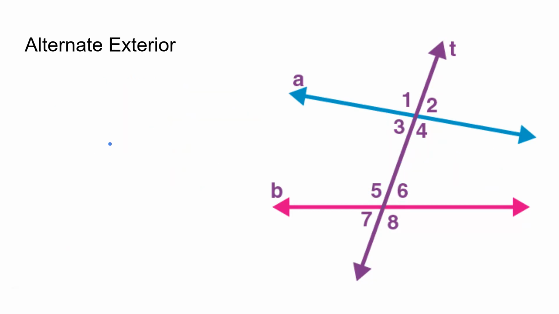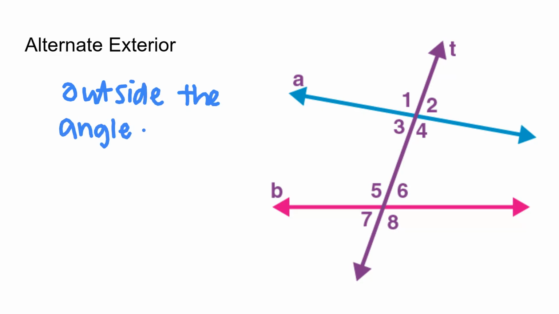Similar to alternate interior angles is alternate exterior angles. They are outside the line pair, on opposite sides of the transversal.